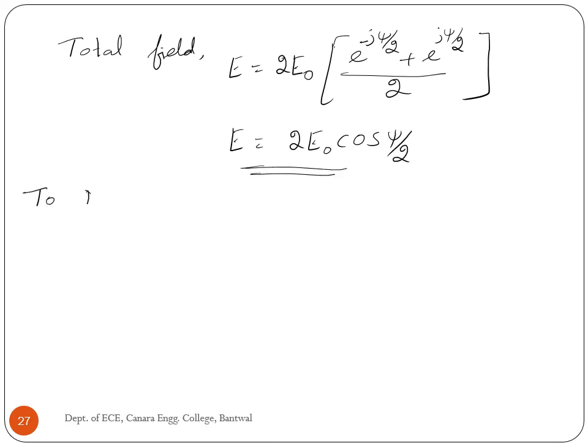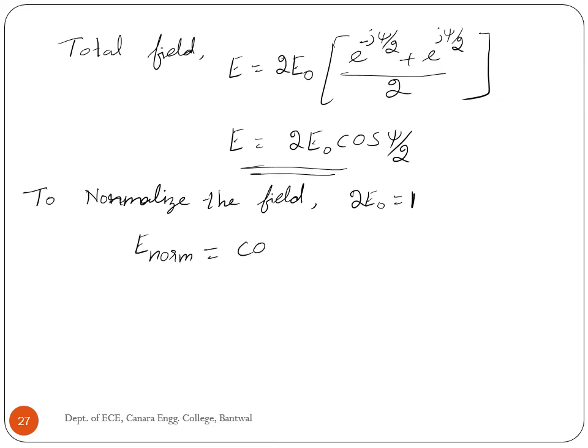To normalize the field, equate 2 E naught is equal to 1, then field is equal to cos xi by 2.